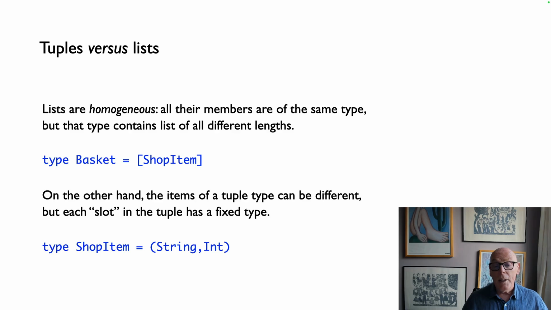It can be a basket with 1 item, a basket with 100 items. So the basket type accommodates things of different sizes, but in each case they must consist entirely of shop items. Whereas a tuple is of a fixed size, but the individual slots can be of different types. So a shop item itself we've seen is a string in the first slot and an integer in the second.